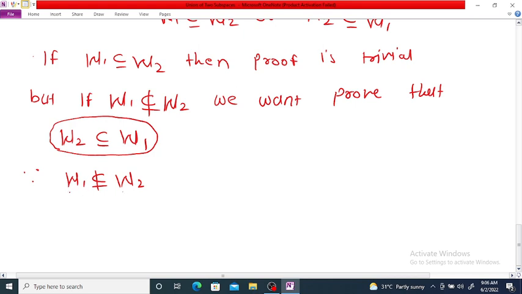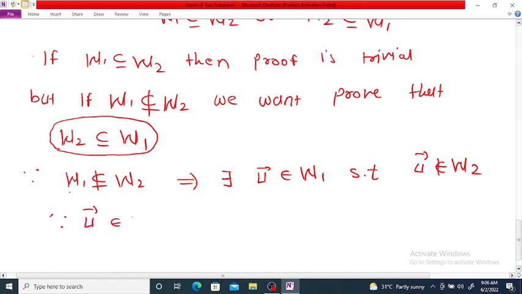Now since W1 is not a subset of W2, there exists an element u bar belonging to W1 such that u bar does not belong to W2. Since u bar belongs to W1, by the definition of union, u bar belongs to W1 union W2.